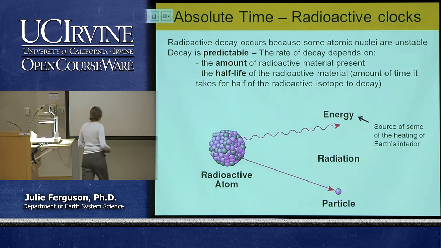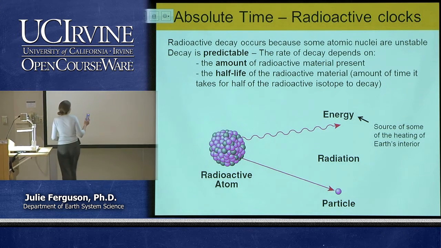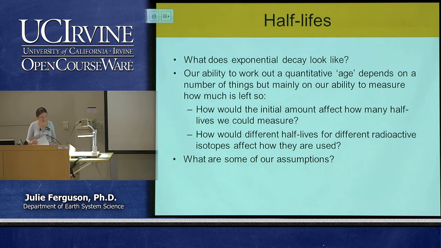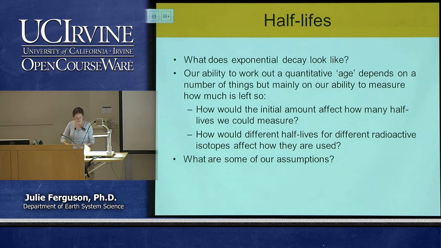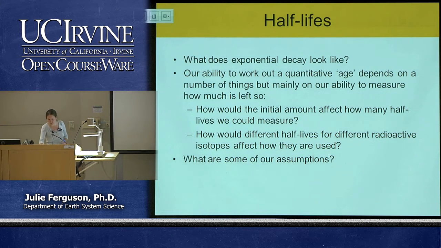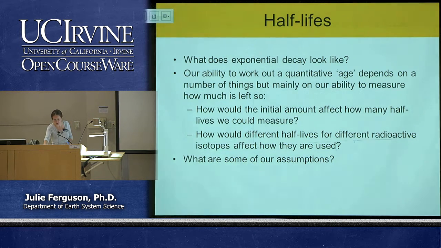I wanted to talk a little bit more about this concept of half-life, related to the questions that I posted in the lecture on Wednesday. So let's look at my somewhat dodgily drawn graph again.